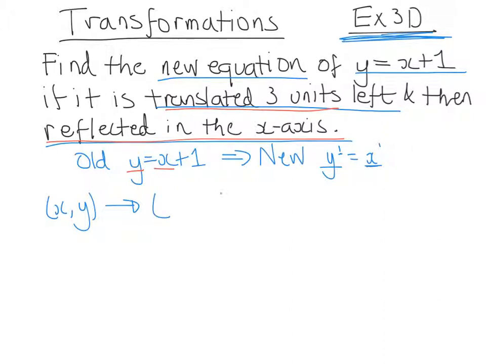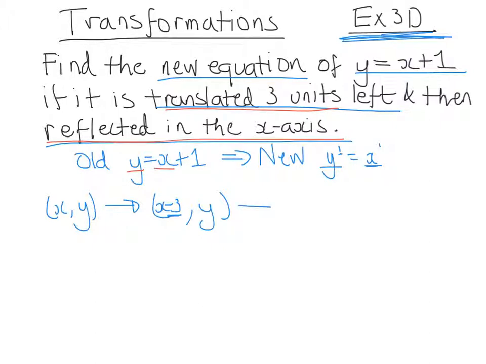If we moved a point 3 units to the left, that would mean the x value was 3 units smaller than it used to be. So any x value on the line will have 3 taken off it, because it's moved 3 units to the left.